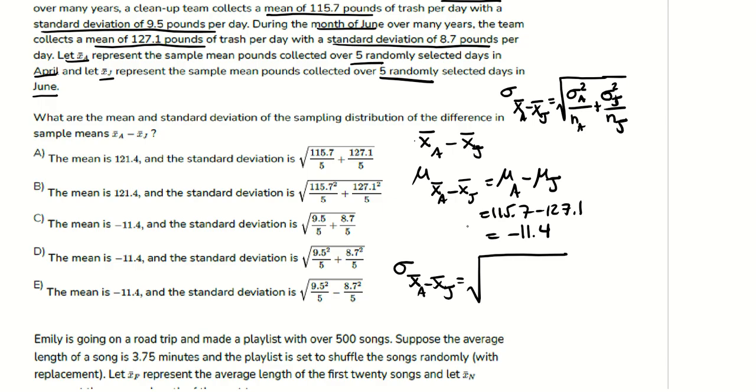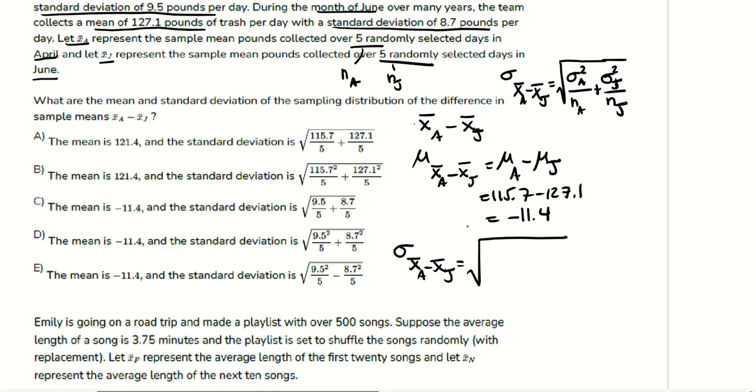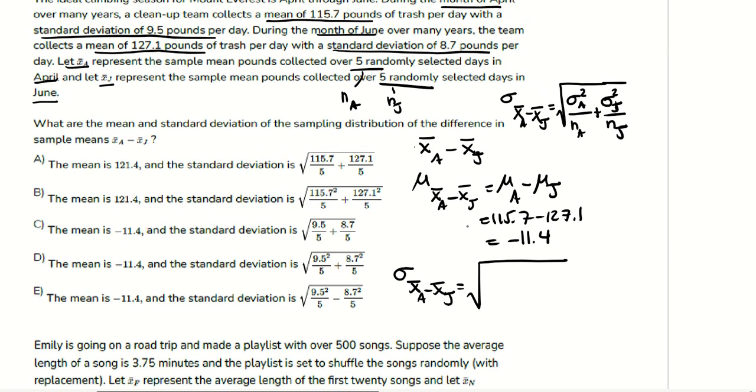So they have the same value of n. So this is nJ, and this is nA. Okay, so 9.5 for the first one, so 9.5 squared over 5 for nA. And then for sigma J, it was 8.7 squared over nJ is 5.